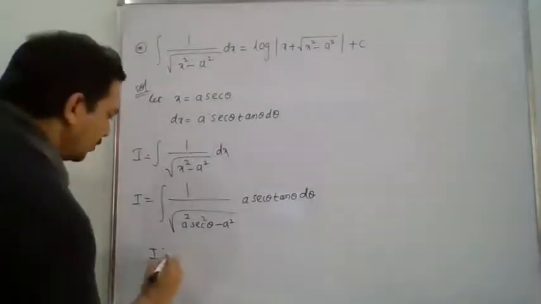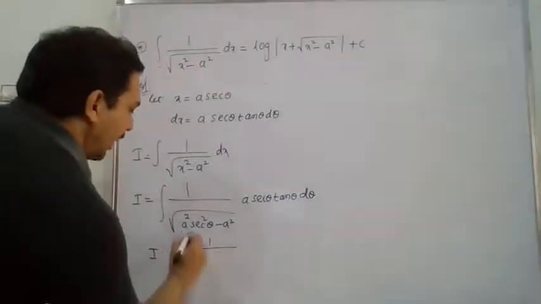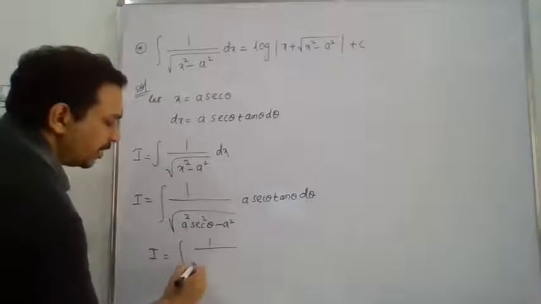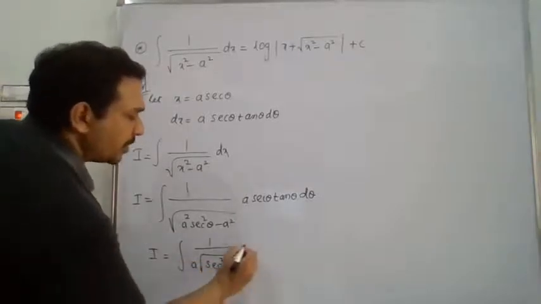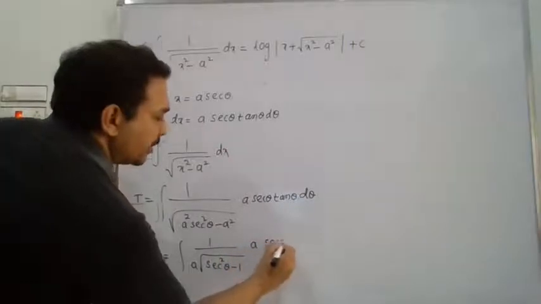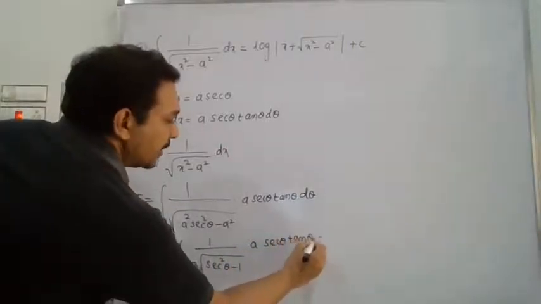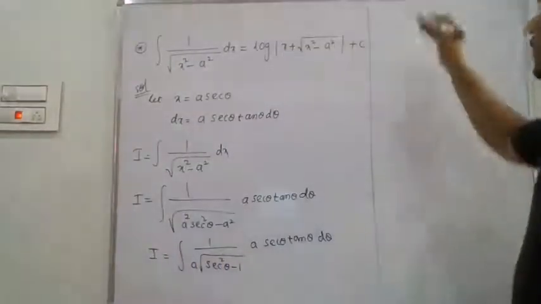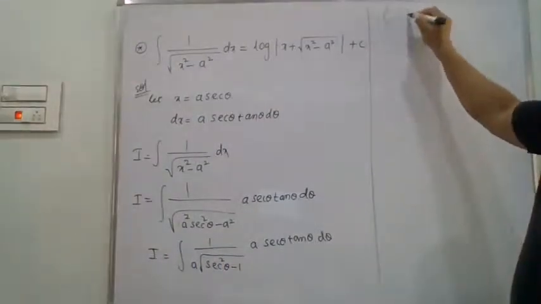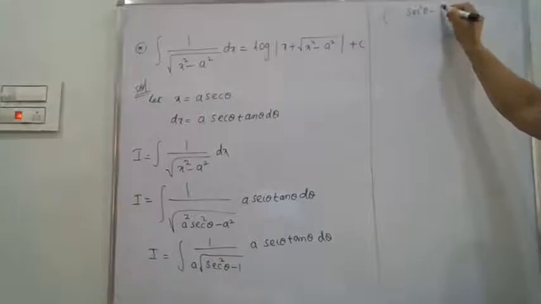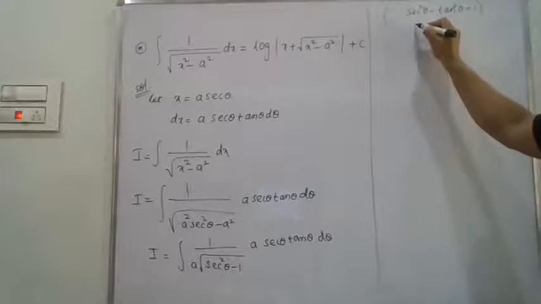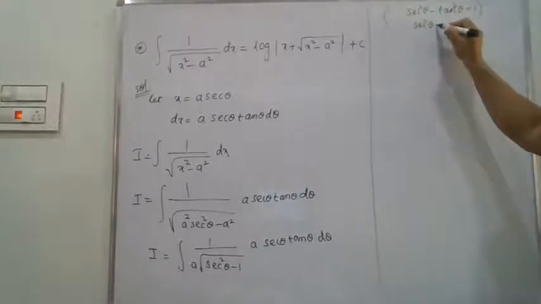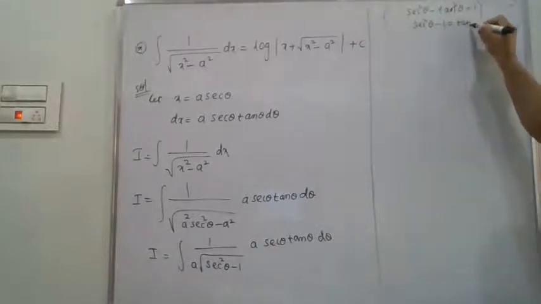Now I is equal to integration of 1 by, I can take a square common, then left with a into square root of secant square theta minus 1 into a into secant theta into tan theta d theta. Already we know the identity. Since secant square theta minus tan square theta is equal to 1, by this we can write secant square theta minus 1 is nothing but tan square theta.